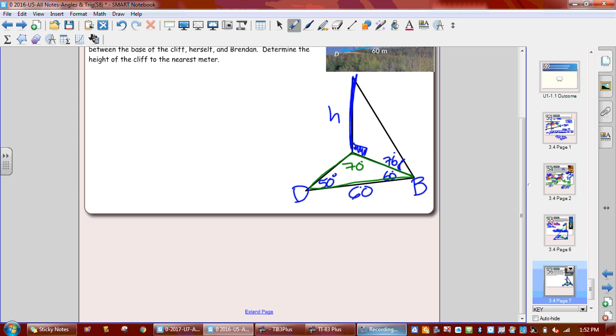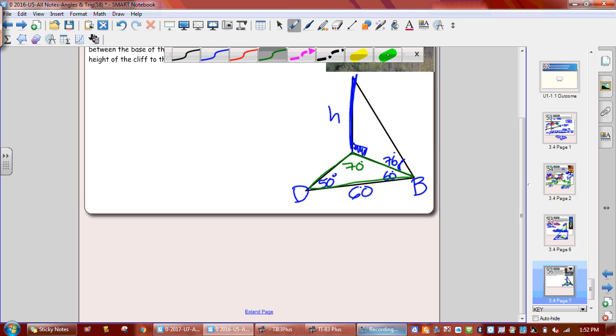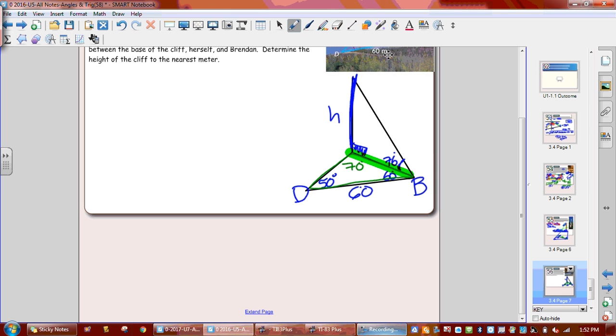Now, why do I need to know that? Because remember, whenever we have a joined triangle, we need to solve the side that they share together. The side that they share together is this side right there. That's the side we have to calculate in order to find our H. We have an opposite pair here, and this guy would be our X, and his opposite pair is 50.